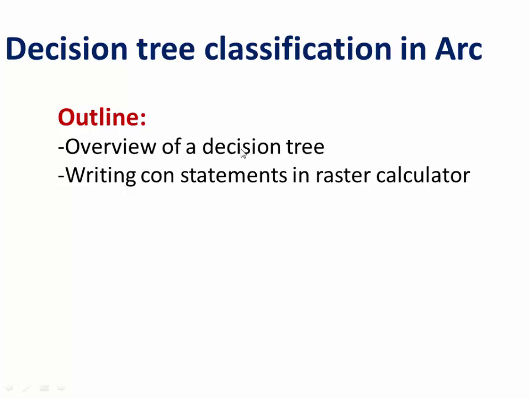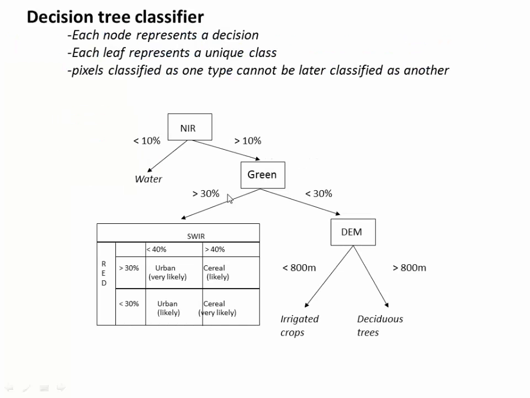I'll give you a quick overview of what a decision tree is, and then I'll show you how to write those conditional statements in raster calculator. A decision tree is basically a flow of decisions. You consider an unknown pixel that you're trying to classify, and you ask a question of that pixel. In this case, you'd ask, is the reflectivity in the near infrared less than 10% or greater than 10%?